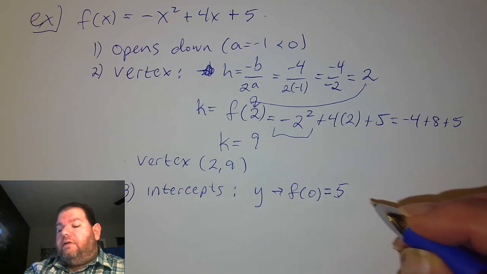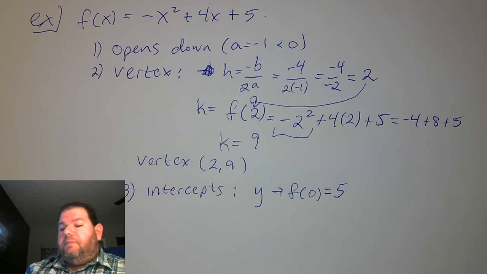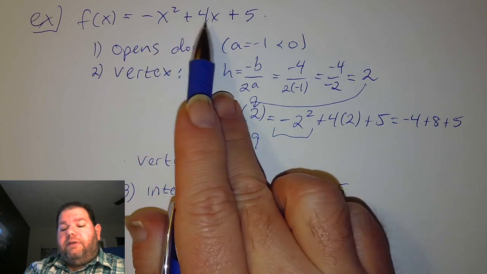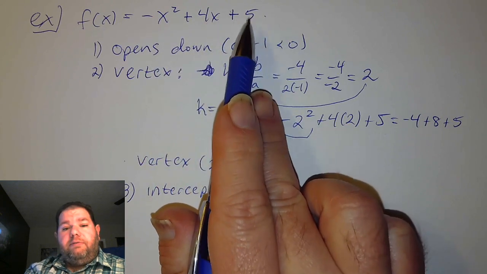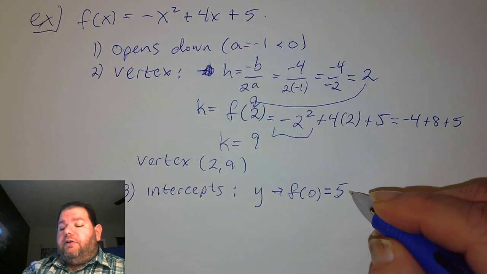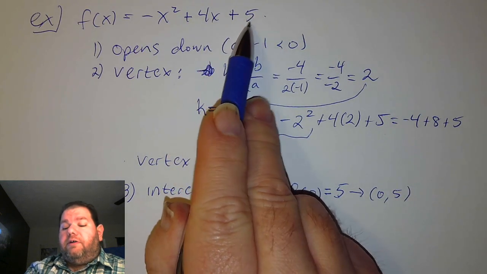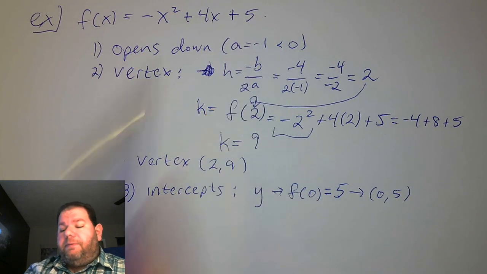Five. Yeah, because if we plug in 0 for x, that zeroes out these first two terms, and it just leaves us with 5. So we can always look at the constant in the function as the y-intercept.